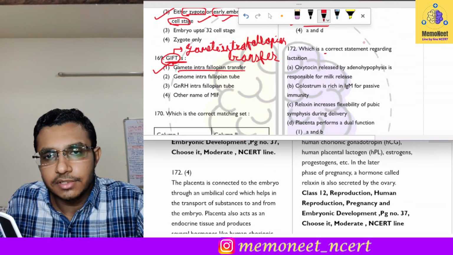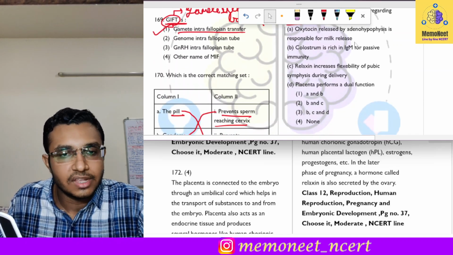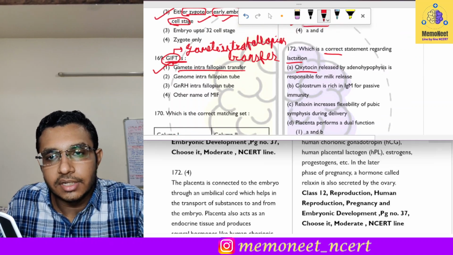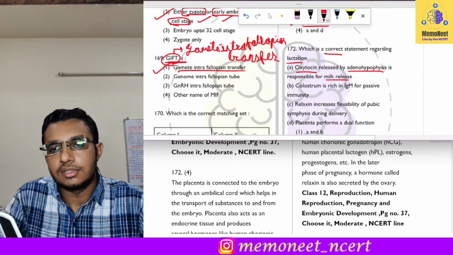It states that which is a correct statement regarding lactation. So among the following 4 statements we have to find which of them are correct. Okay, so the first is oxytocin released by adenohypophysis is responsible for milk release. So is this statement correct?